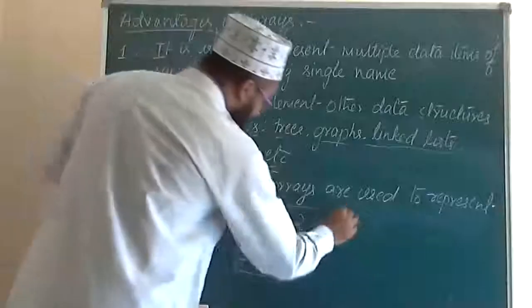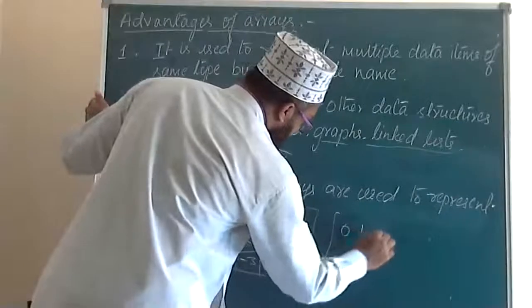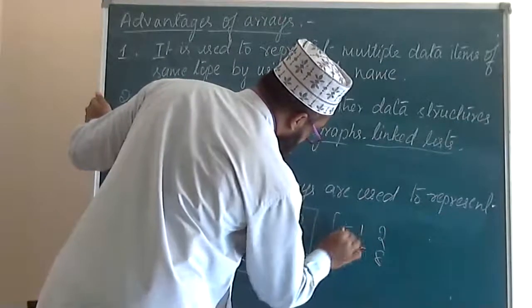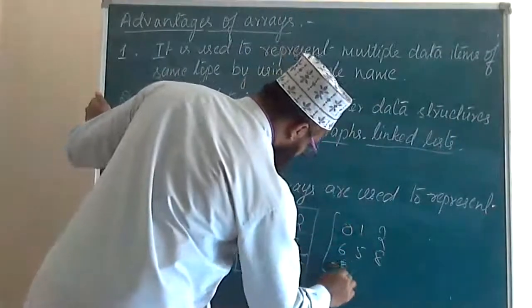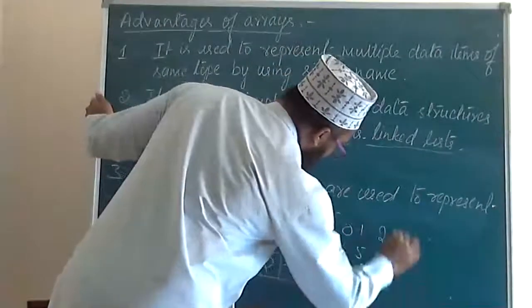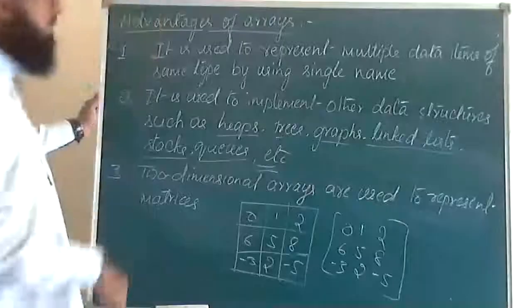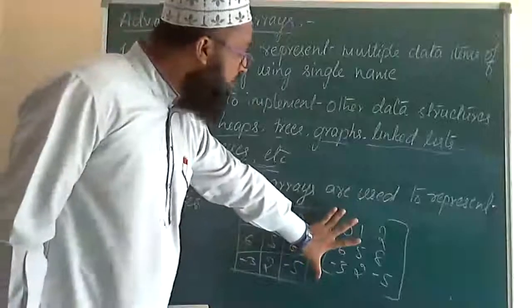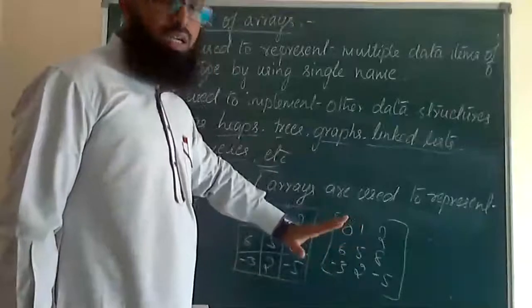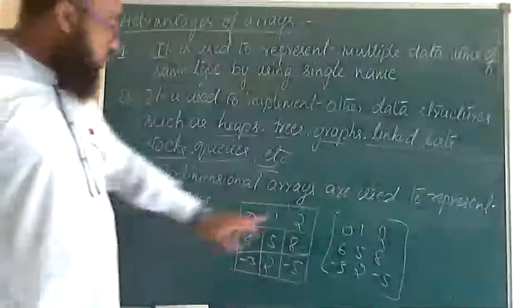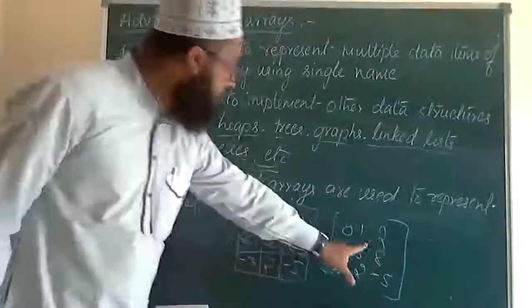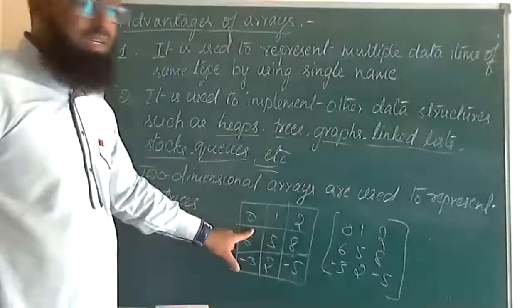In mathematics, if we take the same elements 6, 5, 8, and -3, 2, -5, this can be called a matrix, a single matrix. So this type of group of matrices we can call collectively as matrices. So we have a two-dimensional array. Here we are using a two-dimensional array to represent the matrix.